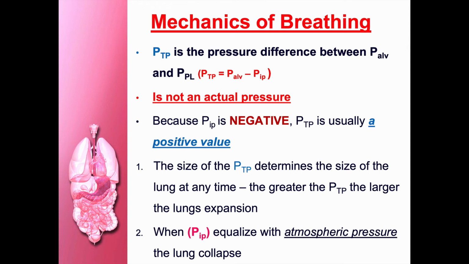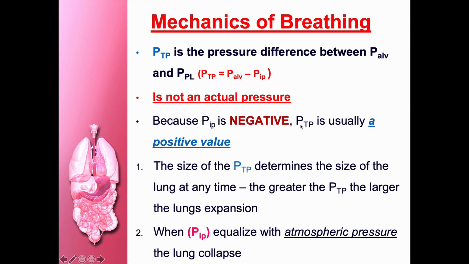The transpulmonary pressure is the pressure difference between the alveolar pressure and the pleural pressure. So PTP is equal to the pressure in the alveoli minus the pressure in the pleural space. It is not the actual pressure because the intrapleural pressure is negative.